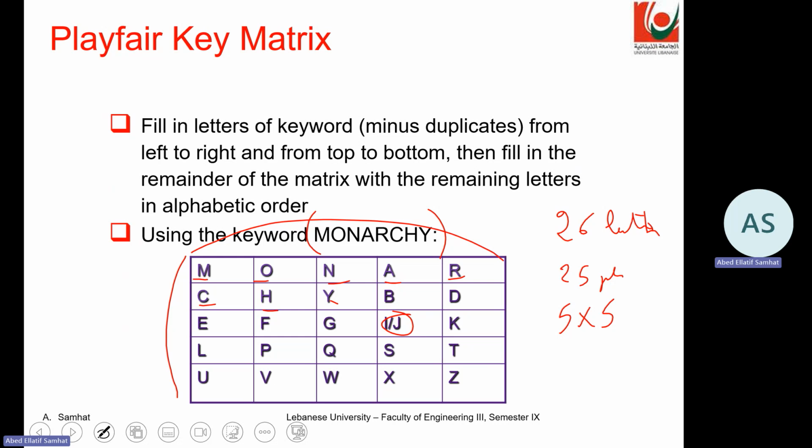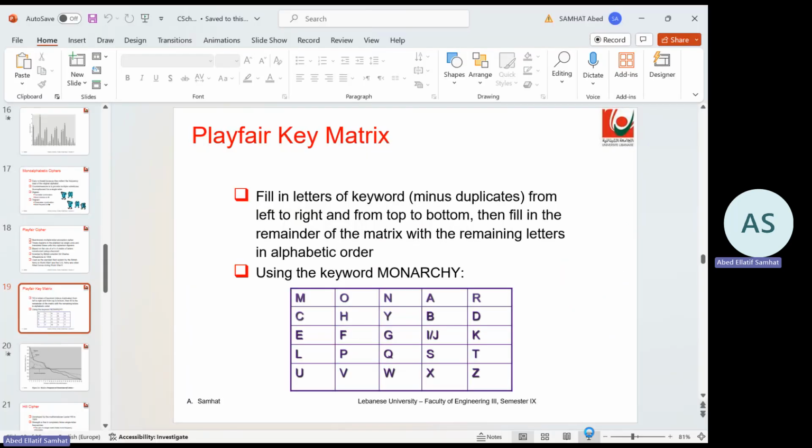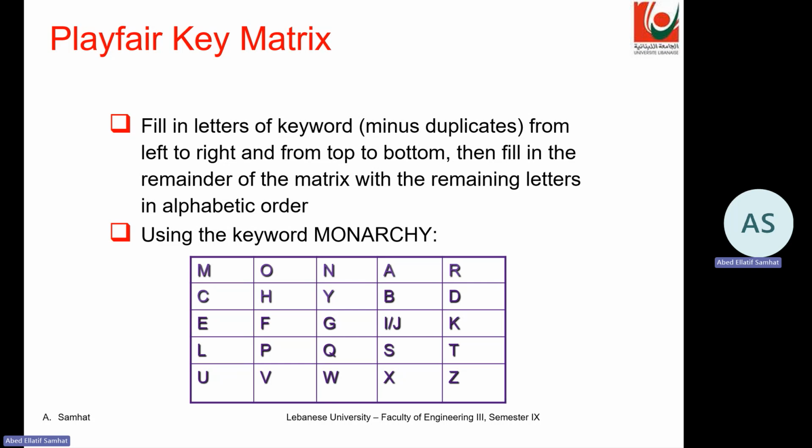this secret key. So now, how can we encrypt? Okay, let's try to encrypt. How is the encryption done? The idea here is to have a kind of pair of letters. If you want to encrypt, you will not encrypt letter by letter, you encrypt each two letters together.